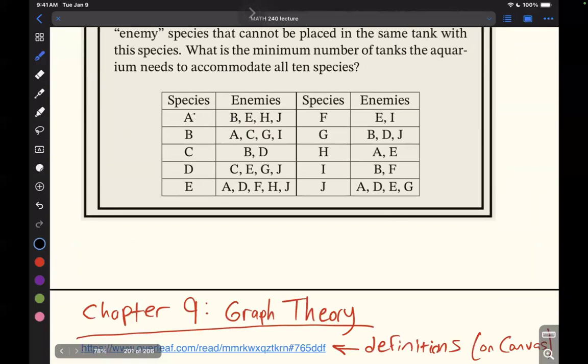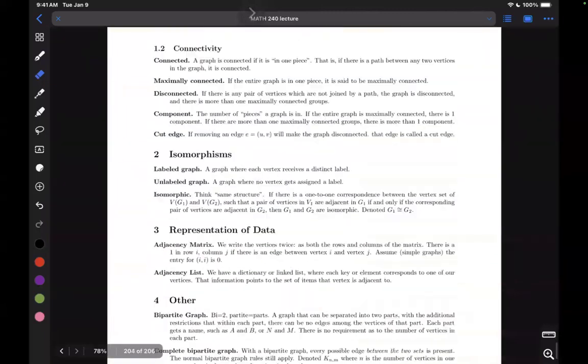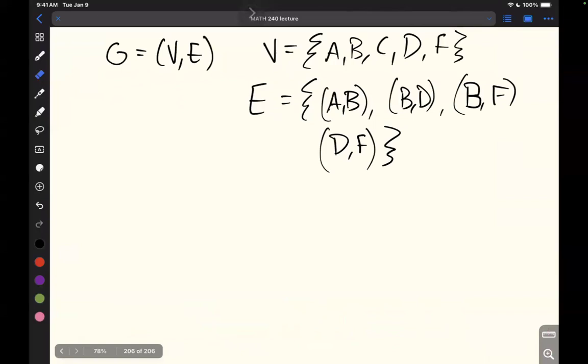So A is enemies with B. B is also enemies with A. So this relationship goes both ways. So A doesn't like B. B also doesn't like A. Sometimes it doesn't go both ways, but that would have to be specified. So for now, we just assume that this relationship goes both ways. And that, I think, is why the book uses the curly brackets to say this.